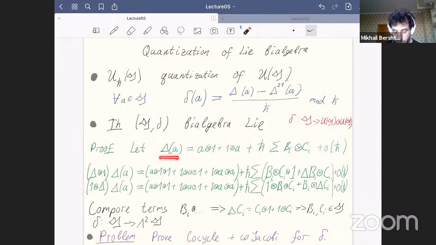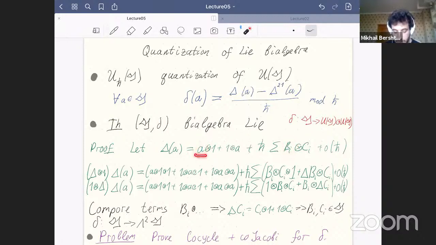So let's take delta of A, this deformation of the original coproduct, plus h bar times some sum of pi times ci. Here I wrote it explicitly. And let us use the co-associativity property. So we have to compute delta tensor 1 applied to delta and 1 tensor delta applied to delta. Here delta is applied to the first factor, so either here or here.